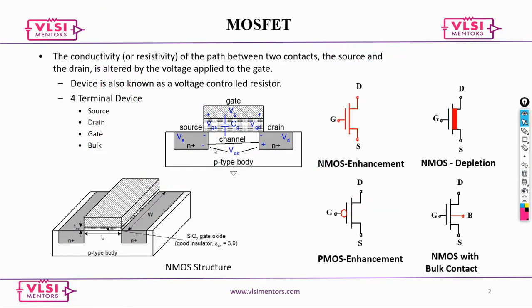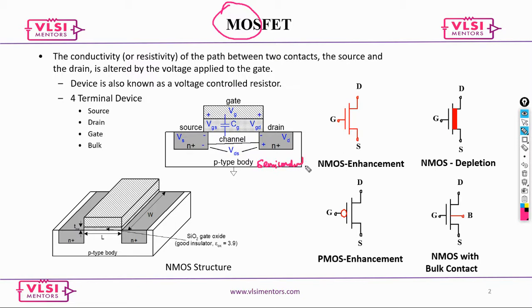Okay, now moving on. MOSFET is basically metal oxide semiconductor. Now what is the meaning of this?